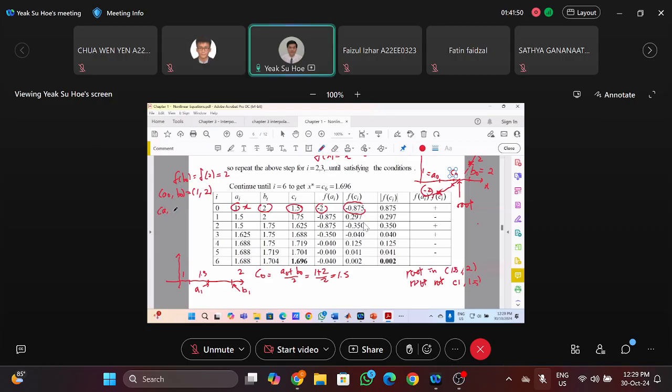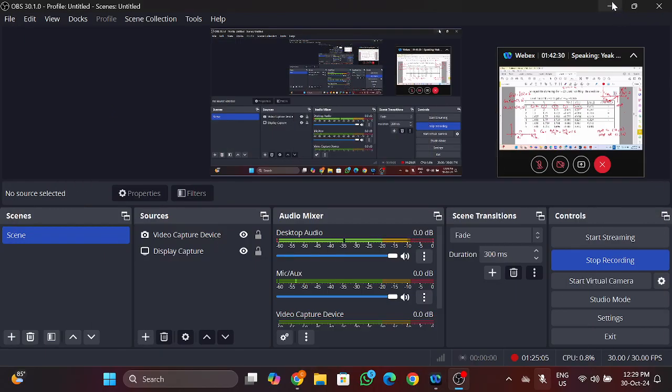Now our A1 and B1 become 1.5 to 2. So we have the domain 1.5 to 2. My left side is still A, but we call it A1, we increase the index. My right hand side is B, but initially B0, now becomes B1. So we found that when the index increases, their width, it means their domain, becomes smaller and smaller, narrowing down. So when we go more steps, these two become very close to each other.